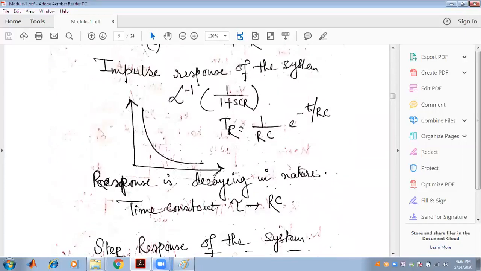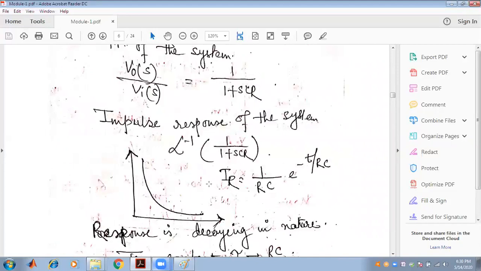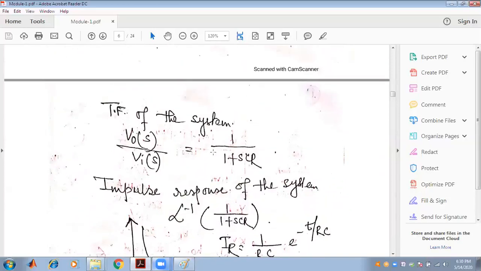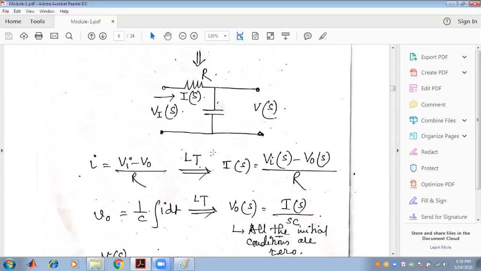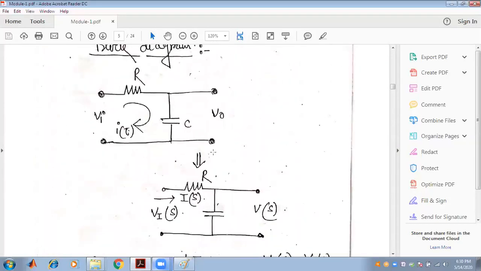Okay, so today we have learned how we can find the transfer function from an electric circuit.